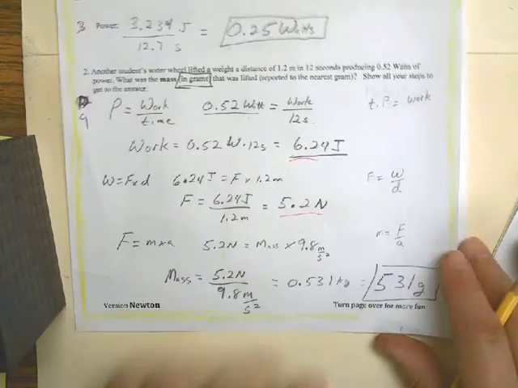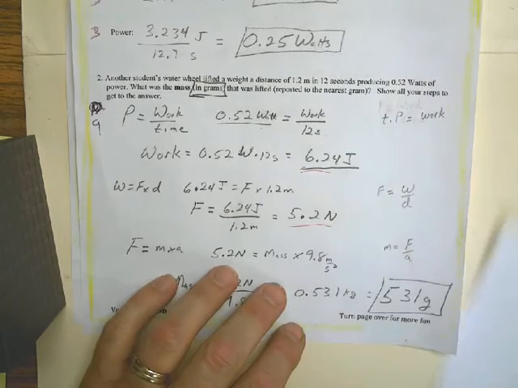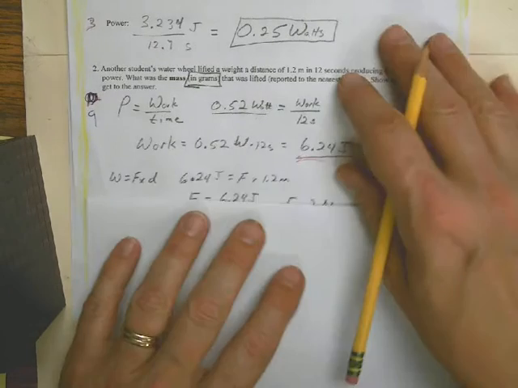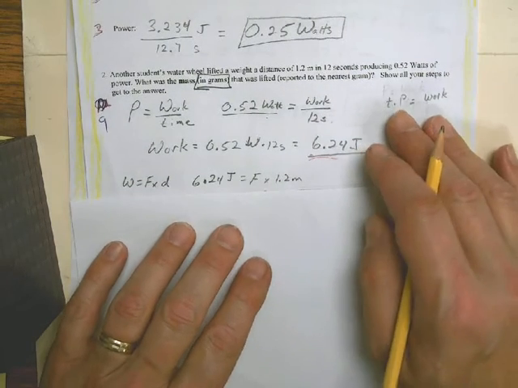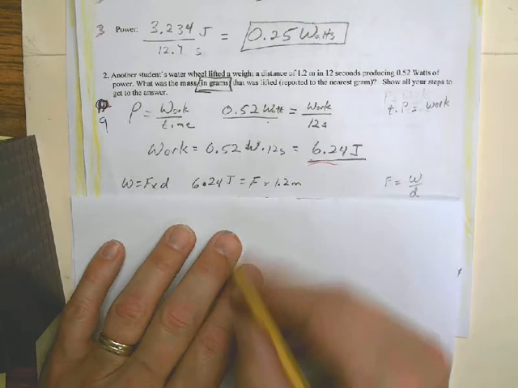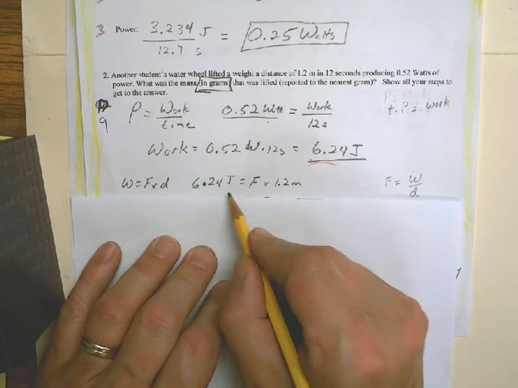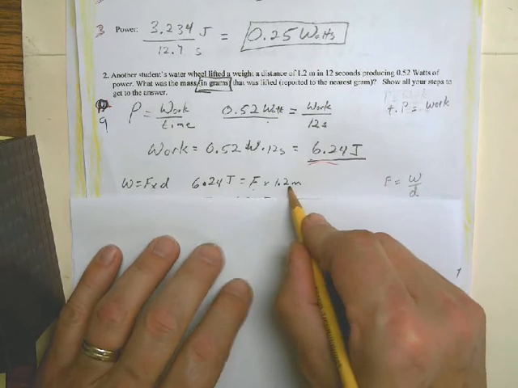The second step in this problem, now that we have work, is to use work equals force times distance so that we can figure out what the force is. Work is 6.24 joules, equal to the force times the 1.2 meters.